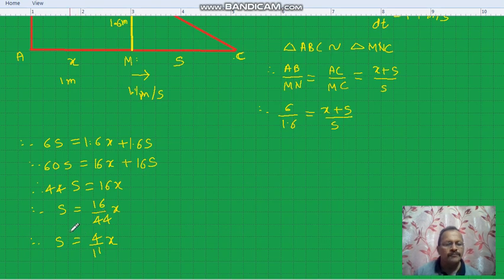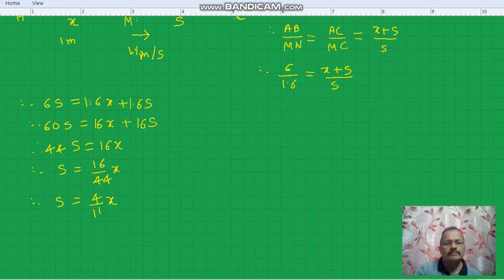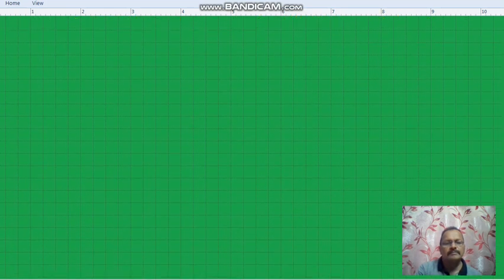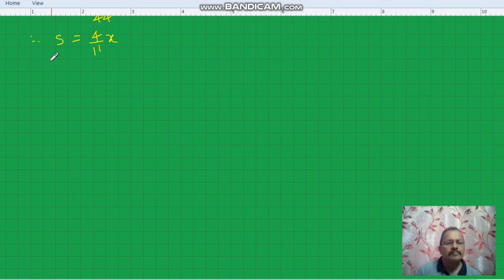Now differentiating with respect to t, ds by dt is equal to 4 by 11 into dx by dt.